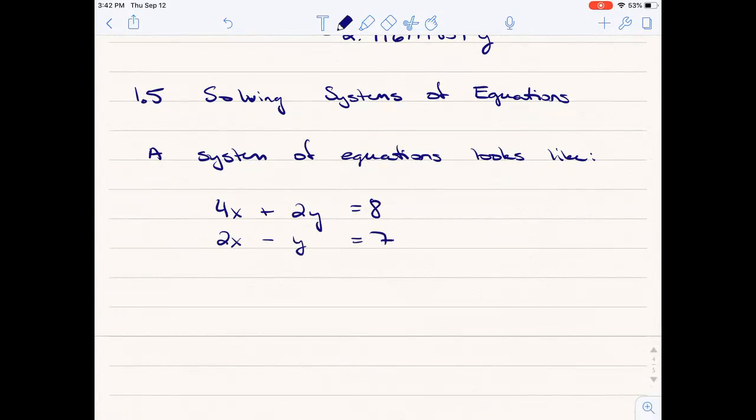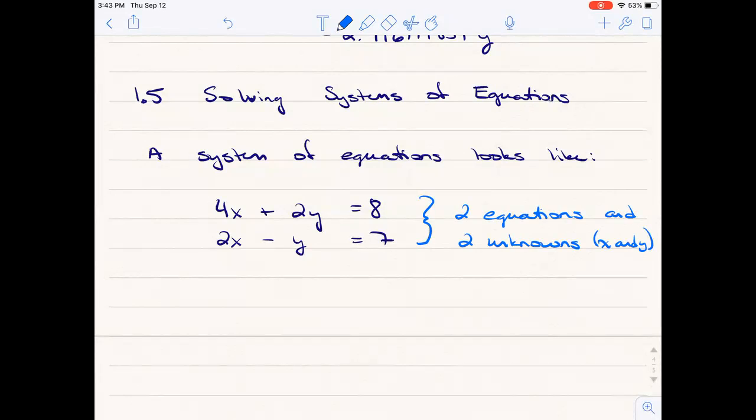Right? That's a system of equations. Just a couple of equations. Two equations and two unknowns, right? X and Y. We don't know X and we don't know Y.